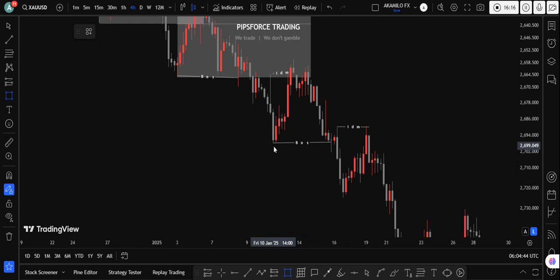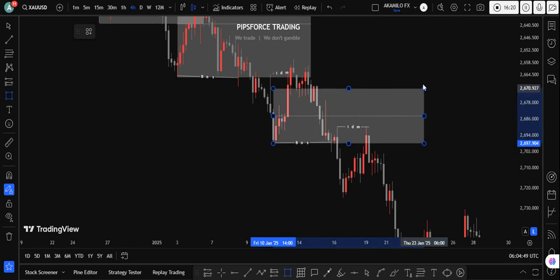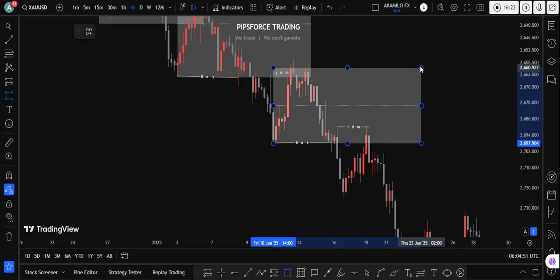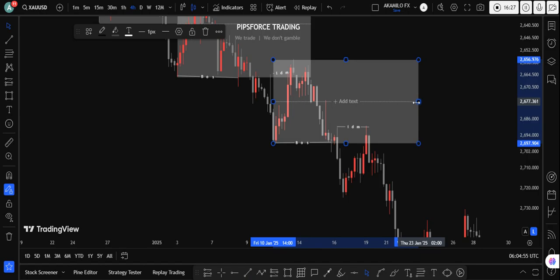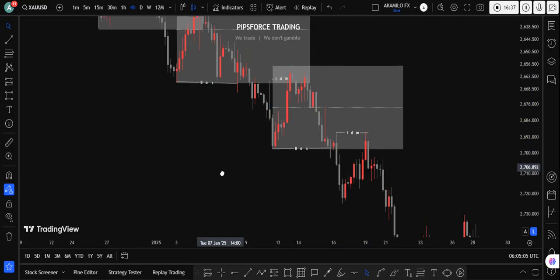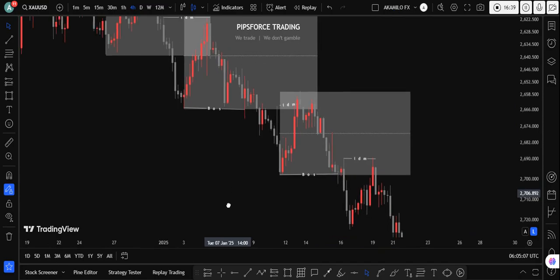Looking at this, you can see price will come to the order flow and then continue to move in your direction whilst you are still waiting for price to come into the order block.